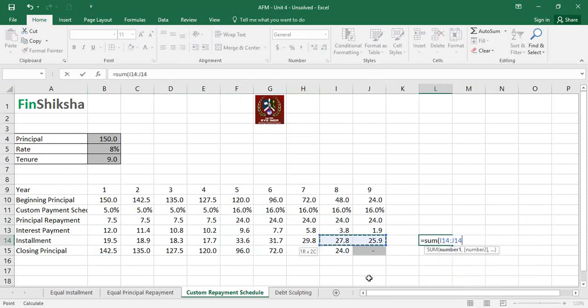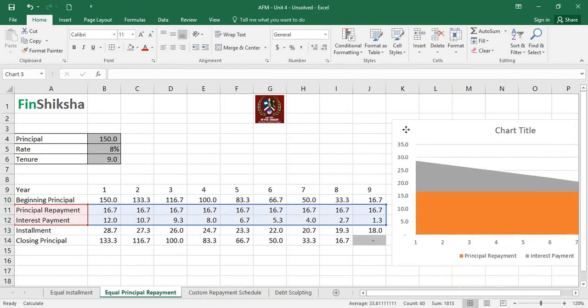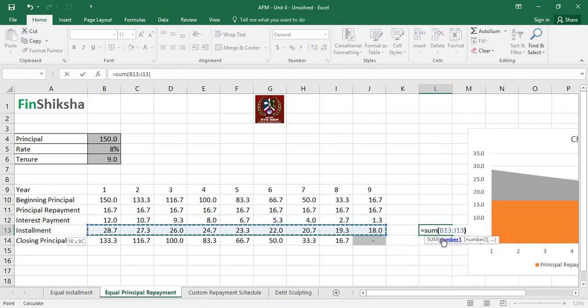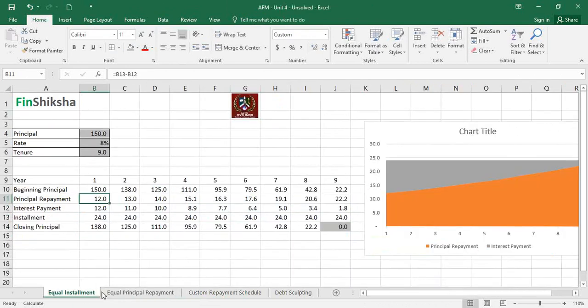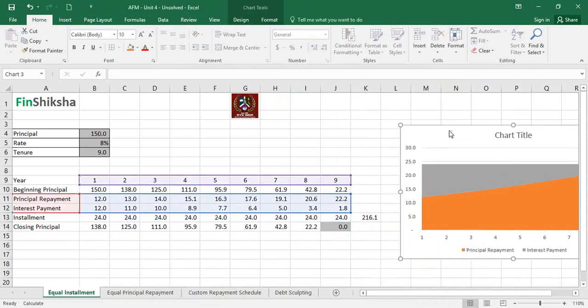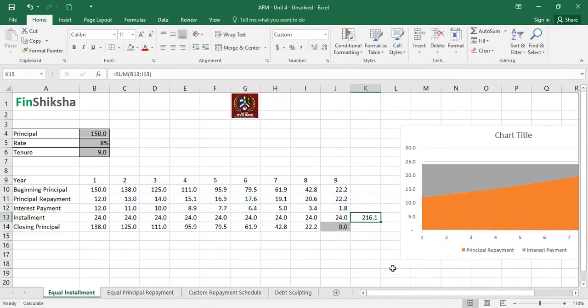If you take the sum over this period, that's 223 crore that you have paid. For the equal principal repayment, the sum was 210, and for the equal installment it would most likely have been 216. So 216 is what I had paid.